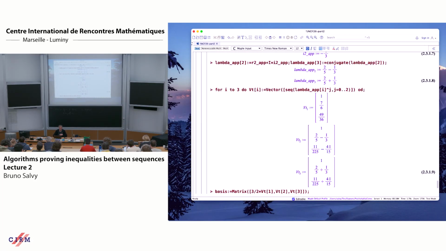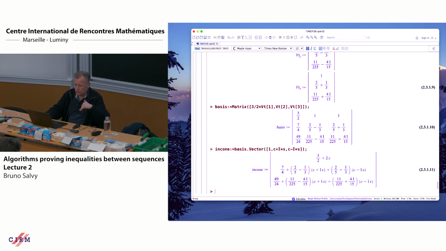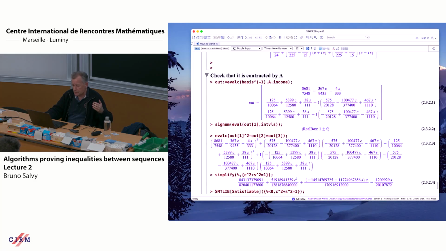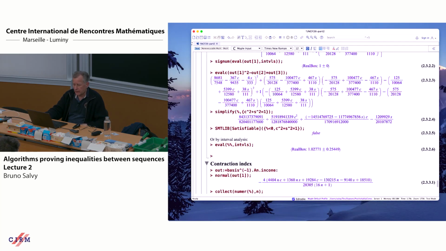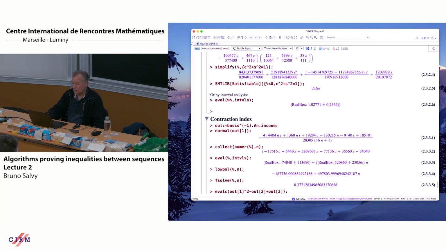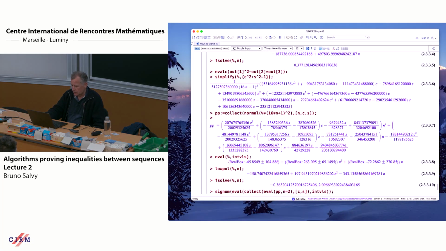Okay, so new vectors, new basis, new computation. We check that it's contracted, and it is. Everything is easy. Again, we need to find m such that n times the cone is sent inside the cone, as before, and we get something like 2.